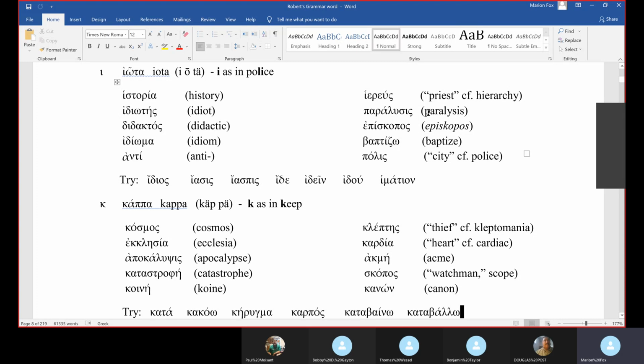Paralusis, our word paralysis. Class, I'm going to have to pause a moment. Hey Siri, call Marion Fox. Do we have a burglar alarm at the house?